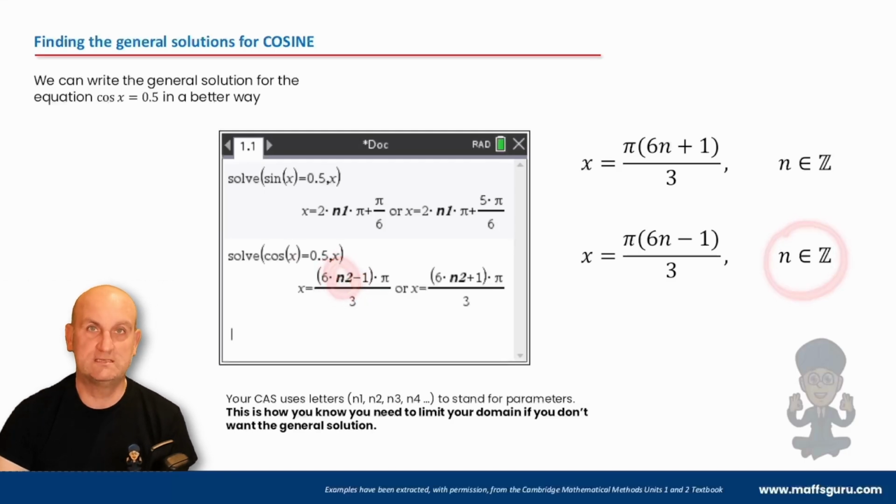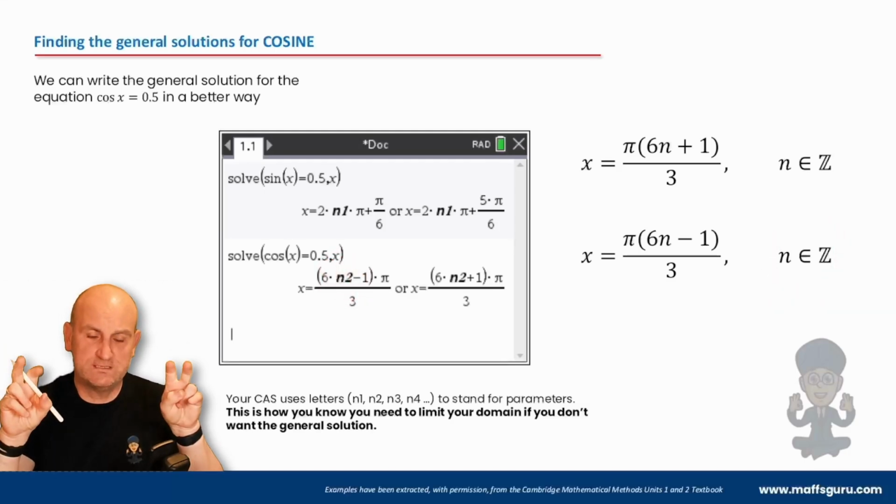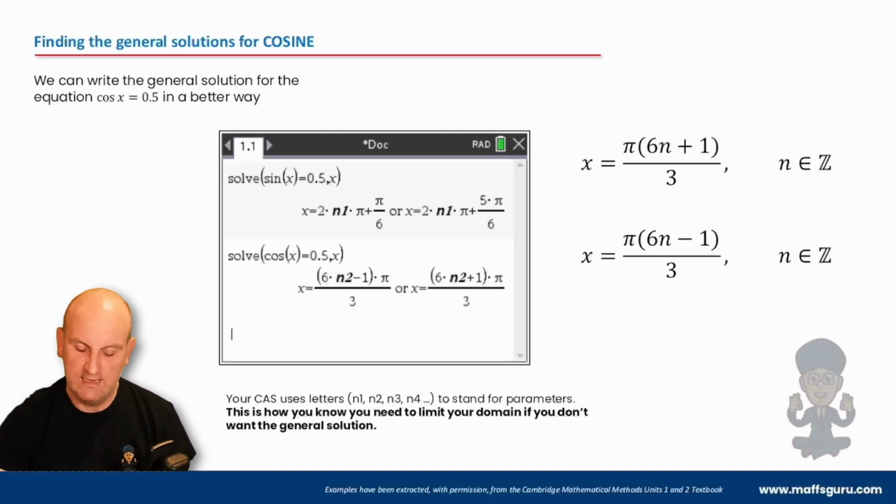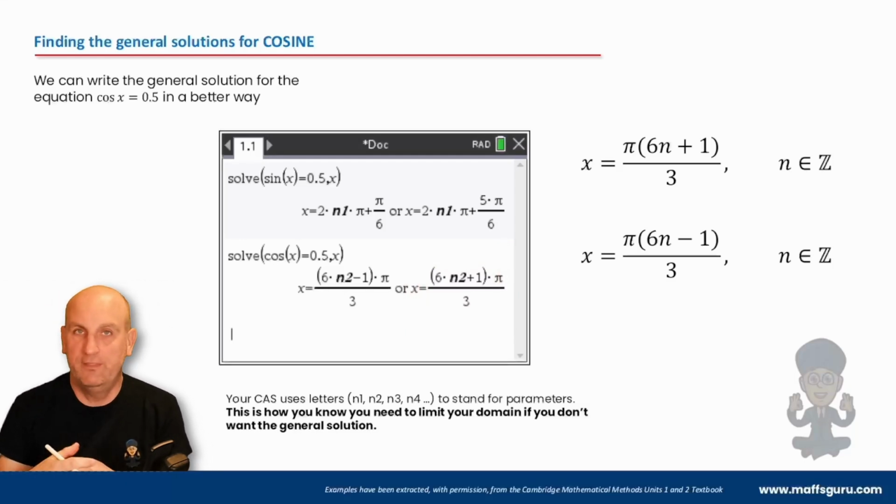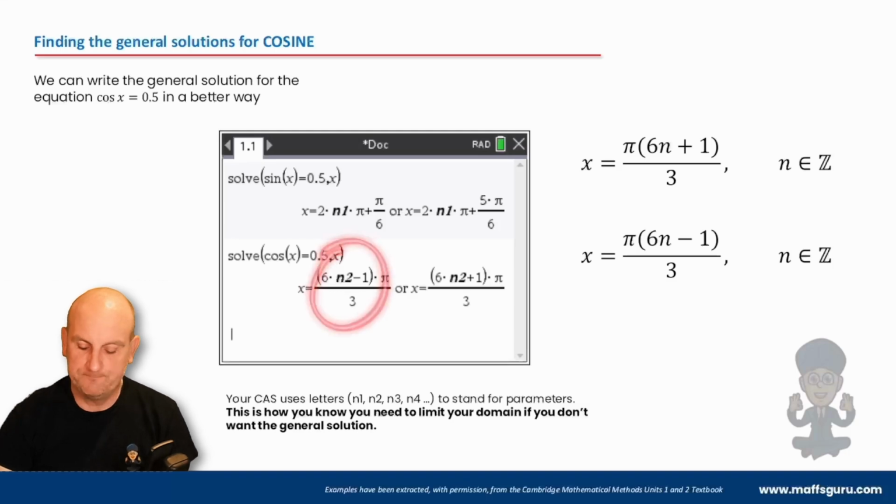That is nothing more than saying you choose your n value. If you want your first solution, which makes no sense really, n equals 0, 6 times 0 is 0, minus 1 pi on 3. So one of the solutions is minus pi on 3, or in this situation here, pi on 3. Now again, the question might say, find your first positive solution. Then we would know that it wouldn't be this one, it would be that one.